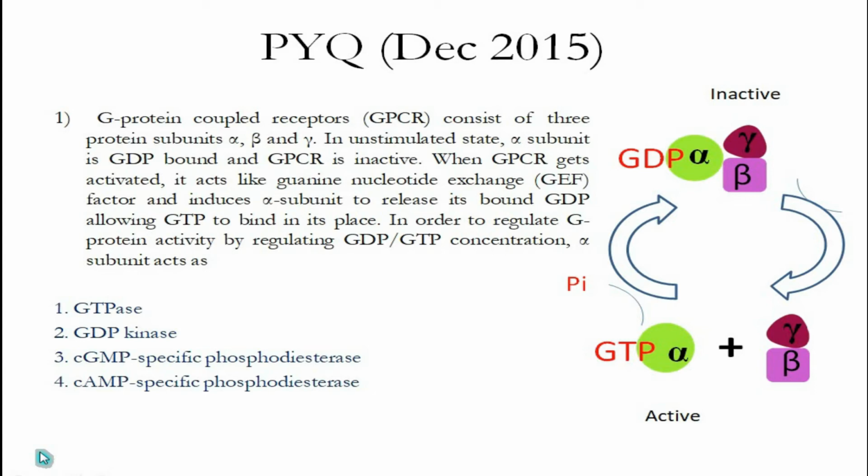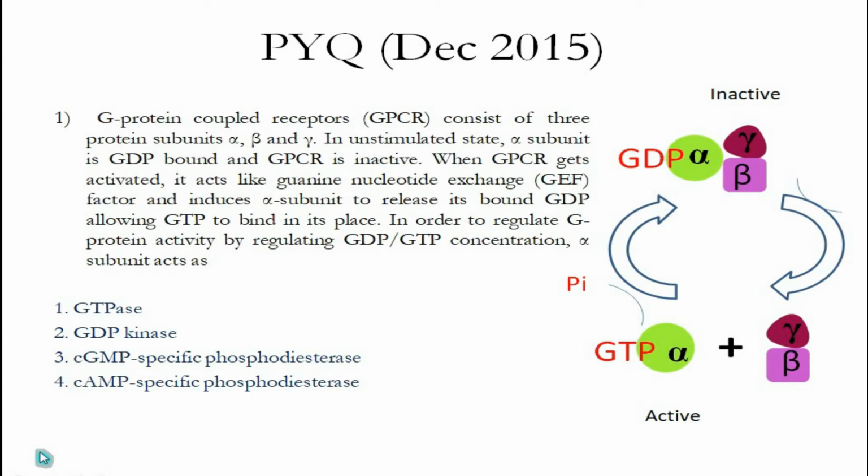In order to regulate this G protein activity by regulating GDP and GTP concentration, the alpha subunit acts as: option 1 GTPase, option 2 GDP kinase, option 3 cyclic GMP specific phosphodiesterase, option 4 cyclic AMP specific phosphodiesterase.